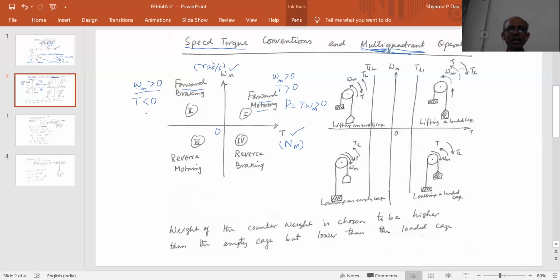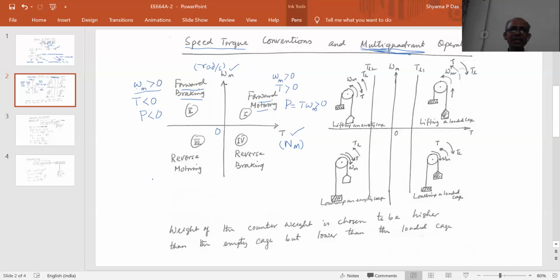Here in the second quadrant, the speed is positive, but the torque is negative, so the power is negative. Hence, we call this braking. So braking means power is negative. The motor is behaving like a generator. The motor is not going forward, it is coming to rest. Braking means coming to rest. Power is negative means the mechanical energy is converted to electrical energy.